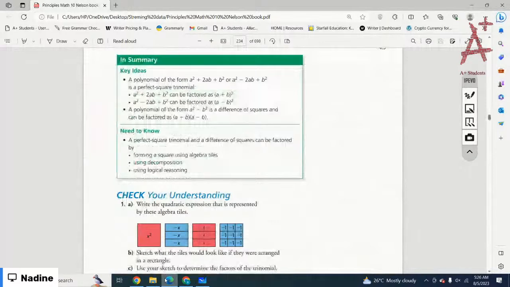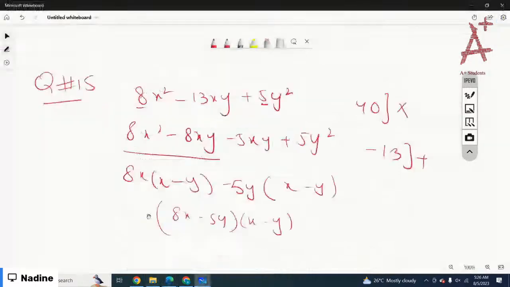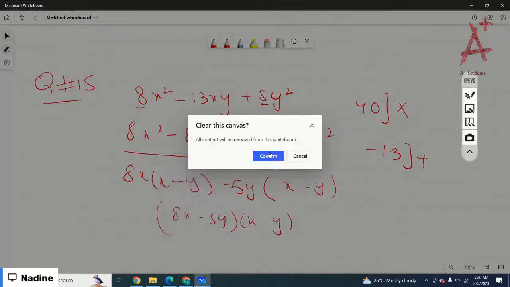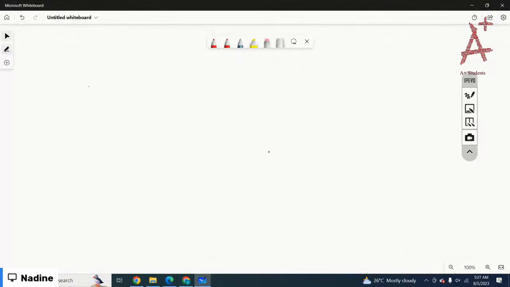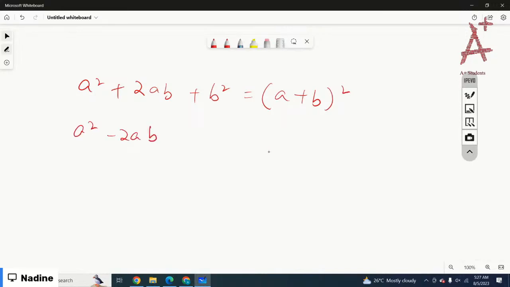If you have a trinomial in the form a square plus 2ab plus b square, the factors are a plus b whole square. And if it is a square minus 2ab plus b square, then the factors are a minus b whole square, right?